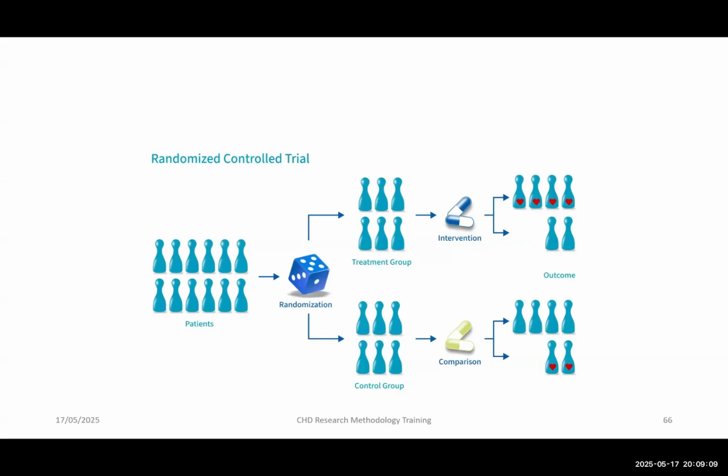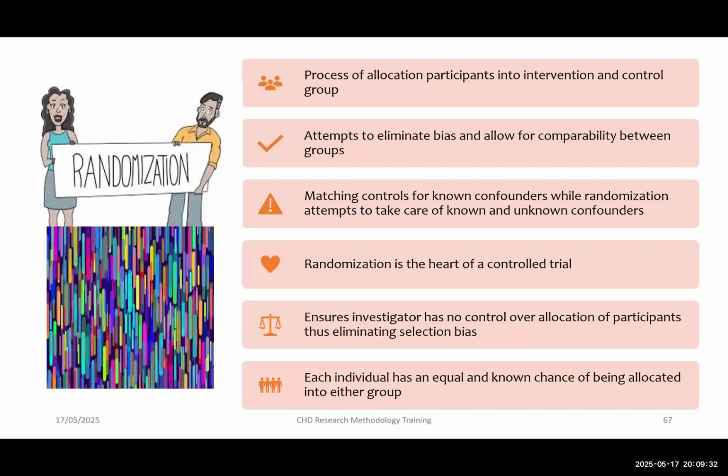Then you randomize. By randomization, you allocate those in the control group and those in the treatment group, with equal numbers, and administer your intervention, follow them up and measure your outcome of interest in both groups. So what's randomization?